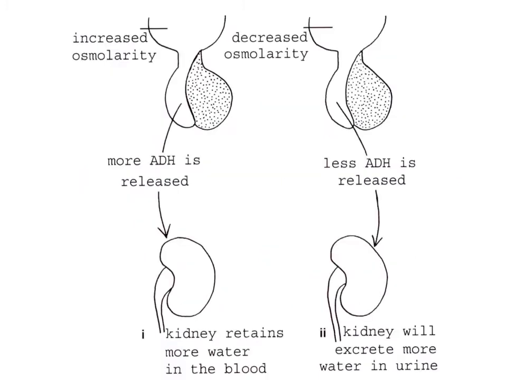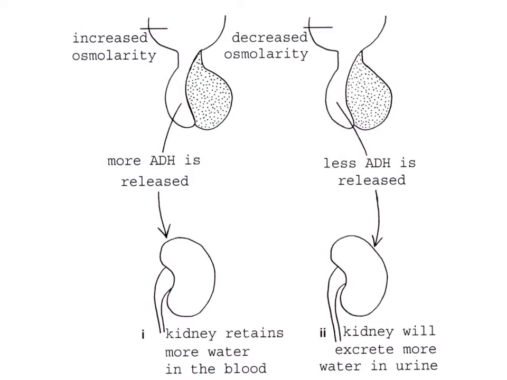So the hypothalamus is able to detect the osmolarity of the blood which is passing through it. Now, if there's an increased osmolarity of the blood, does that mean there's more or less water in the blood?